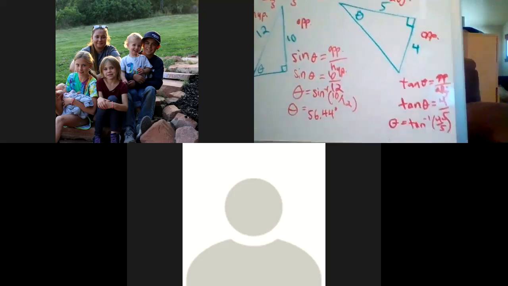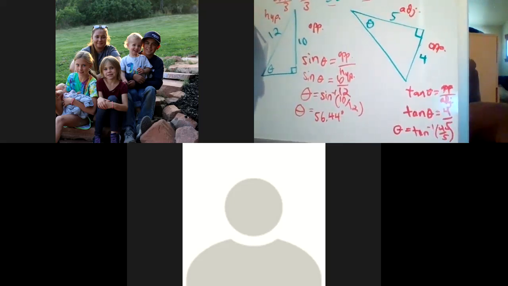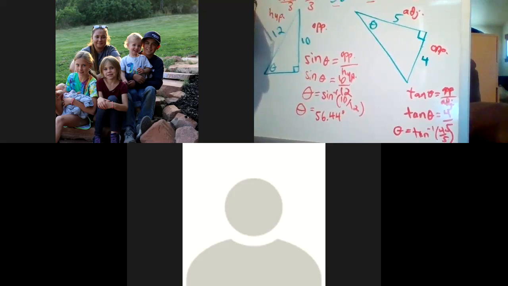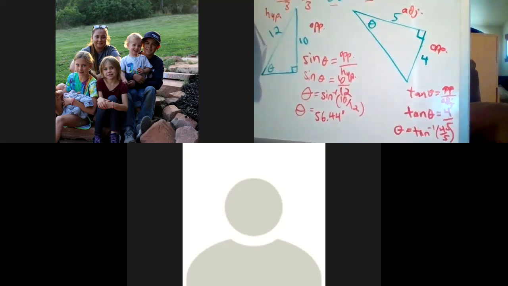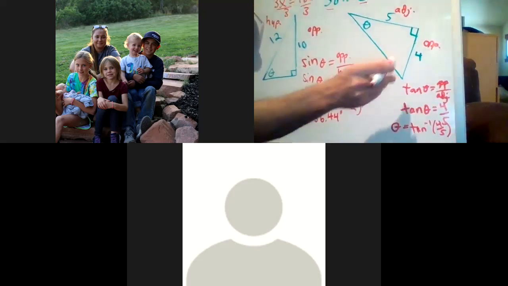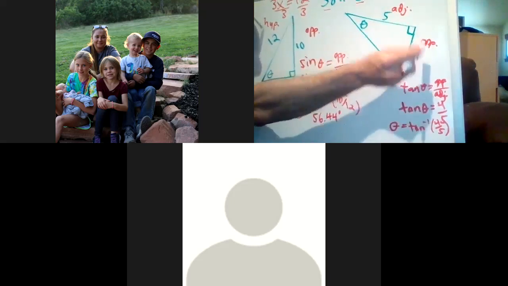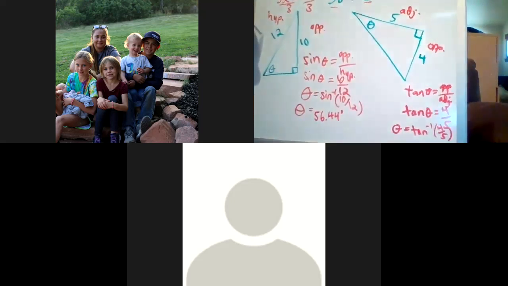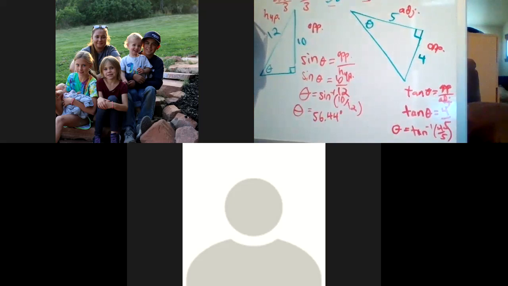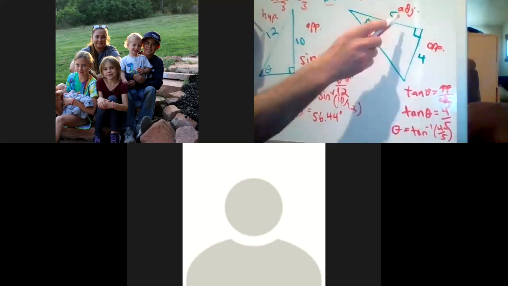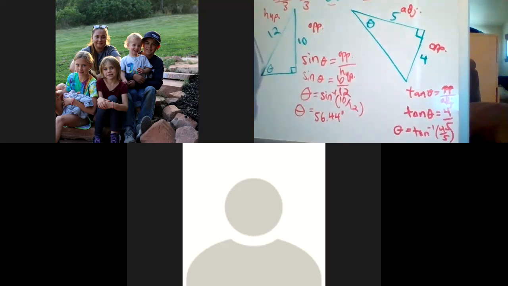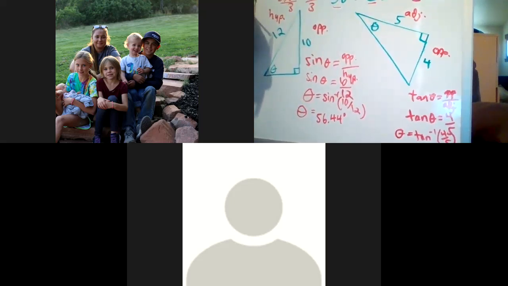Now the nice thing about a lot of trig is we can make a pretty logical guess about what that angle would be. What I'm saying is if both of these sides were 5, go back to our special right triangles, the 45, 45, 90 things. If both of these were 5, then I would know that theta is 45 degrees.